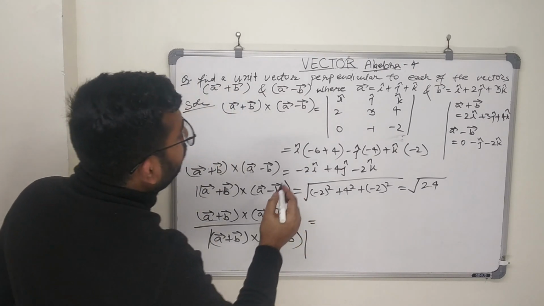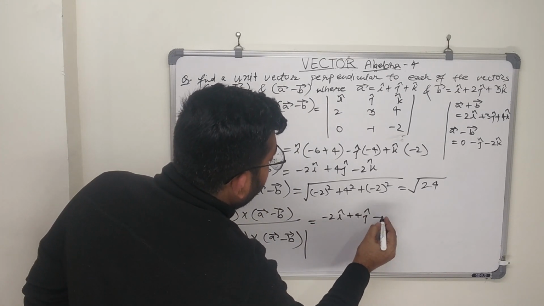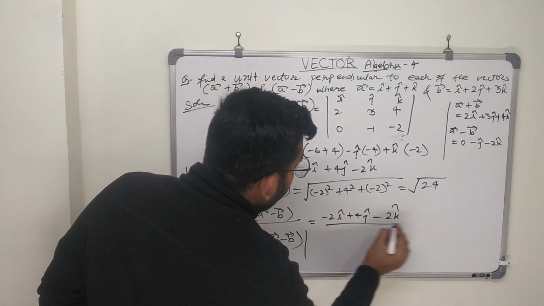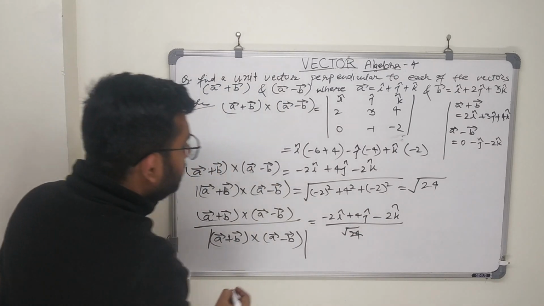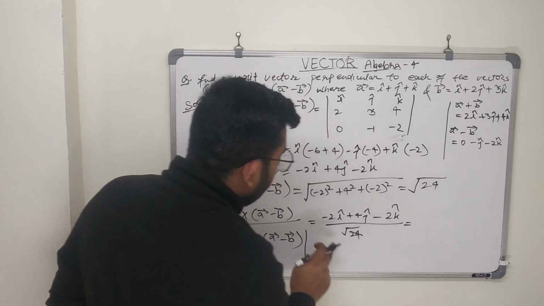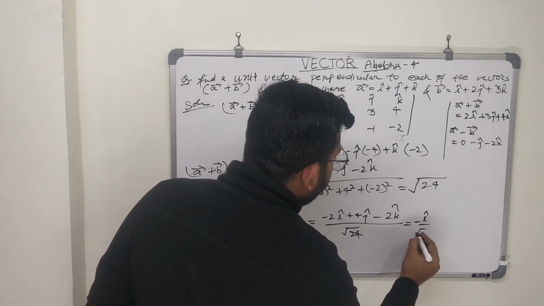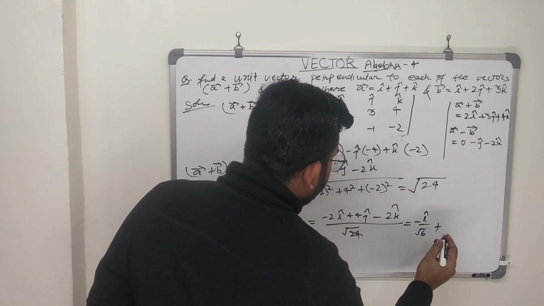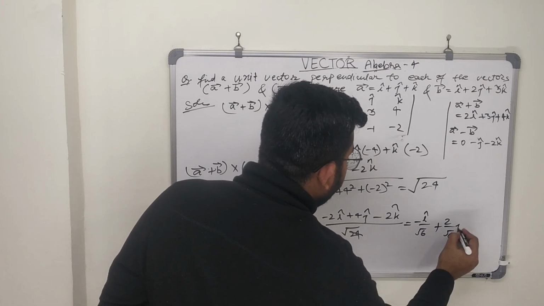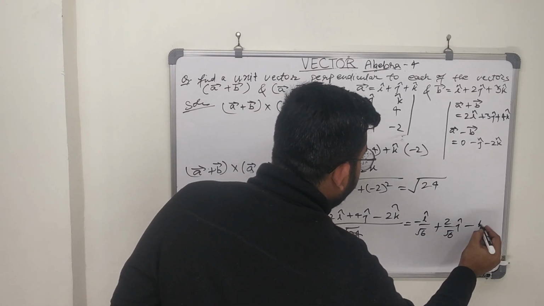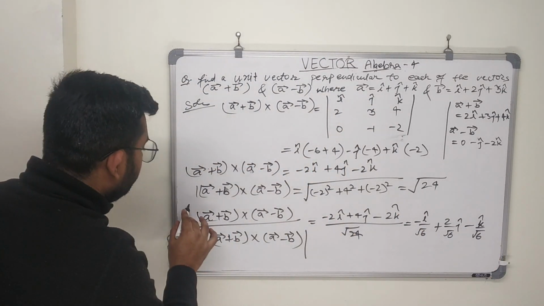So this will be equal to minus 2 i cap plus 4 j cap minus 2 k cap upon root 24. So now simplifying this, we will get minus i cap upon root 6 plus 2 upon root 6 j cap minus k cap upon root 6. So this will be the answer for the question.